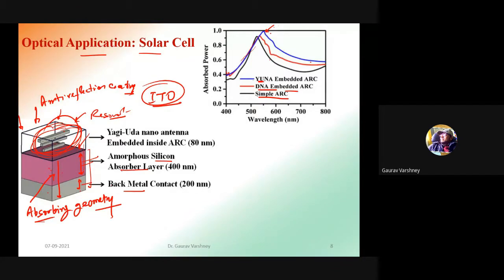There is a perfect absorption at this frequency, and this is the visible range of the optical spectrum. This is the mainstream of the optical spectrum in which any solar cell can grab the maximum amount of incident solar energy.